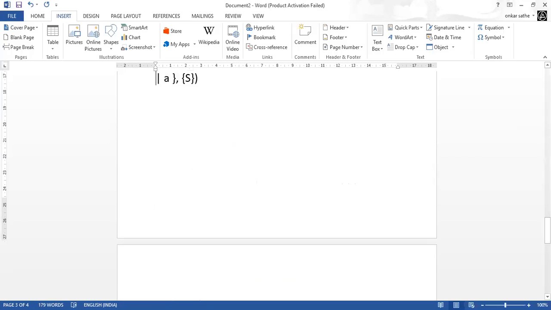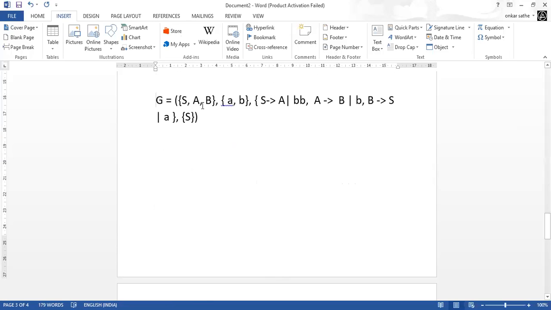Now let us see one more example. {S, A, B} the set of non-terminals, {a, b} the set of terminals. S gives A or B, A gives B or small b, B gives S or small a, where S is the start symbol.